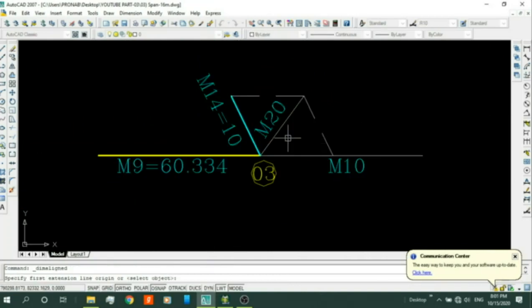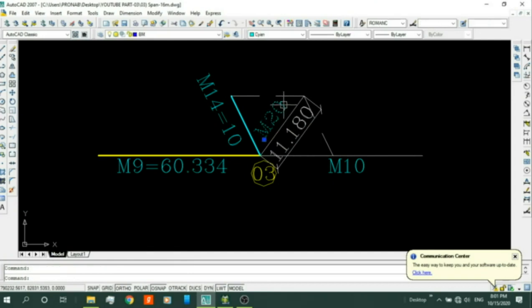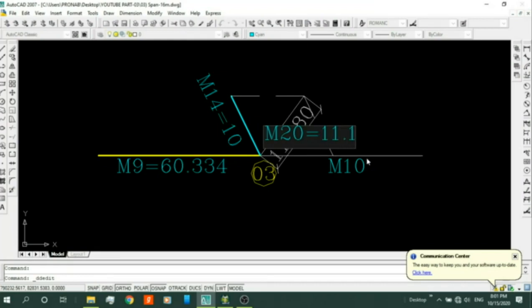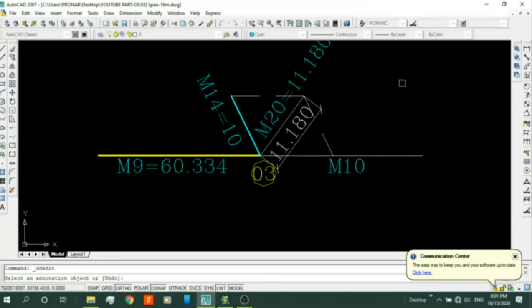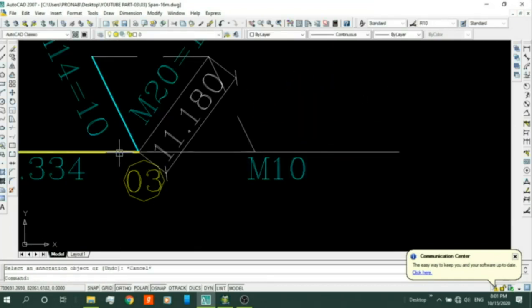The force in M20 is equal to 11.180 kilonewton, and the member is in compression.